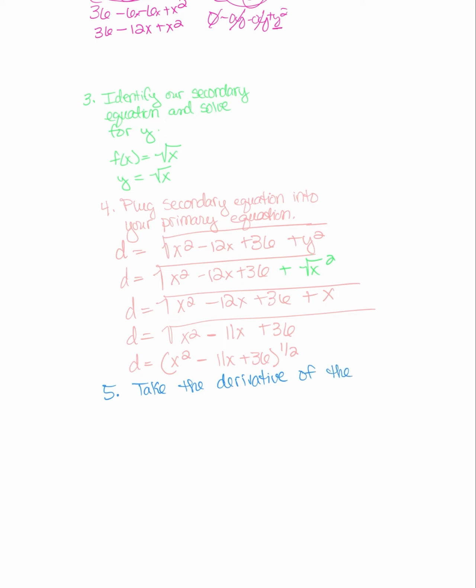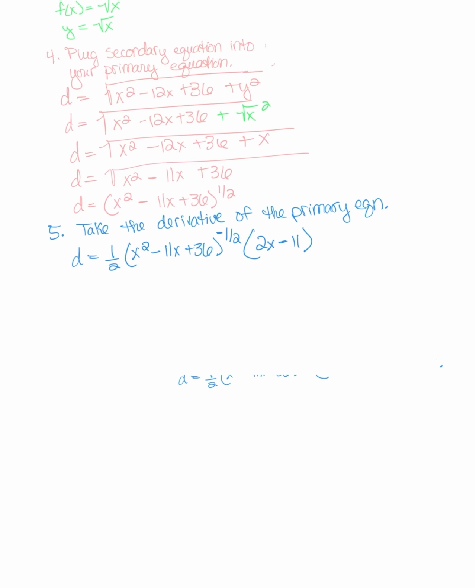of the primary equation. Okay, so we have that d equals 1/2 times, and then we're going to write this the same as it was because this is a chain rule derivative. And remember, that becomes negative 1/2 because we have to subtract 1 times the derivative of the inside, which is going to be 2x minus 11.